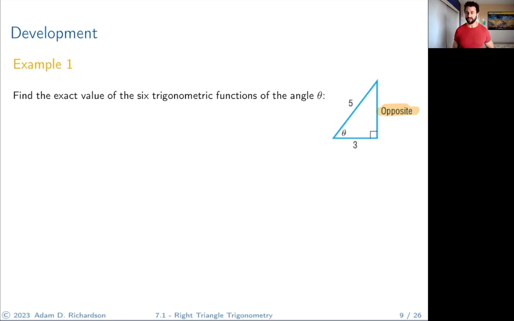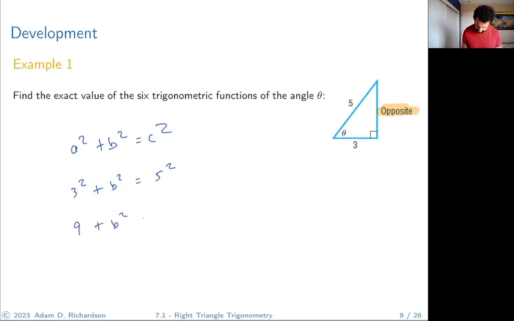use the Pythagorean theorem. So remember, the Pythagorean theorem says this. a squared plus b squared equals c squared. So we're just going to fill in the information we know and solve for the information we don't know. Okay, so we know one of the legs and we know the hypotenuse. So we can fill that out here as 3 squared plus b squared equals 5 squared.